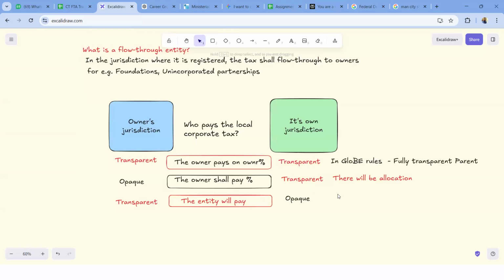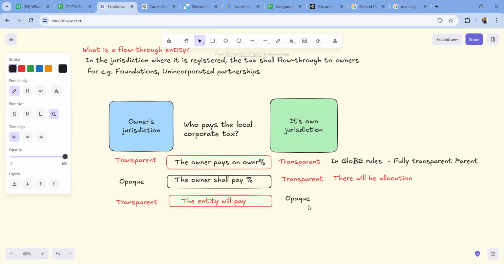Answer is there won't be any allocation because see, where is the GloBE income coming in? It's there in the entity's own jurisdiction. Why? Because it's a partially transparent entity, right? So the income is here, tax is also here. So what is there left here to allocate? Nothing. So no allocation. The income and tax stay at the flow through entity level.